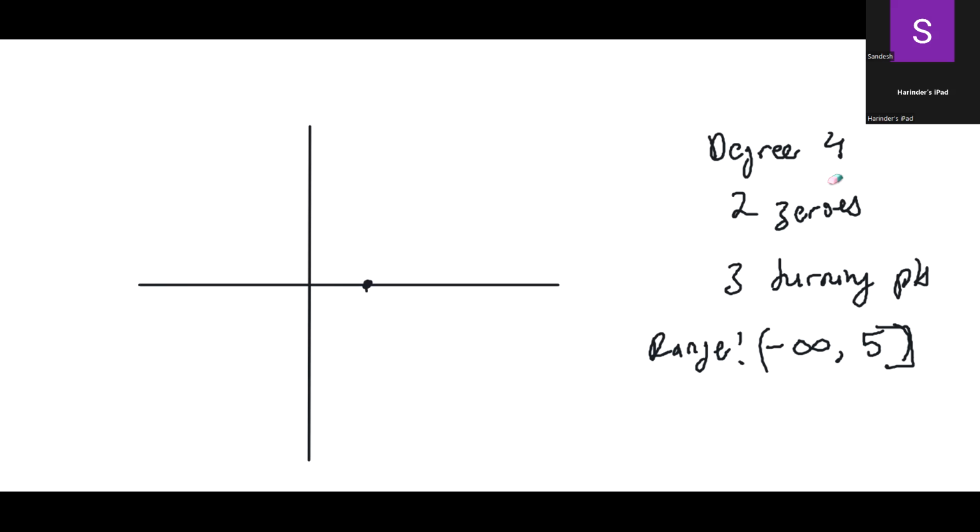So try drawing this. Leading coefficient is negative, 2 zeros, 3 turning points. And all you have to do is just make one of the maximums at a y value of 5. That's it. There's a million different ways to draw this. Actually, there's an infinite number of ways to draw this.